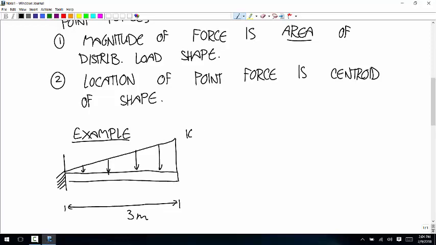And the distributed load is 10,000 newtons per meter at the right end, 0 at the left end, and it's linear in between. And we want to calculate the reaction loads at the wall.